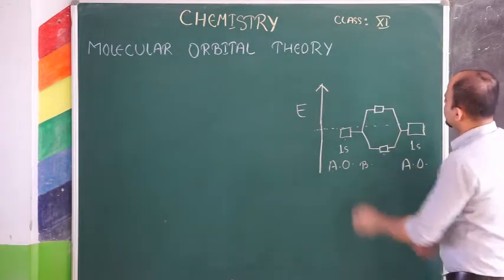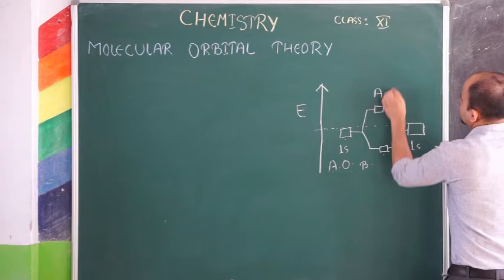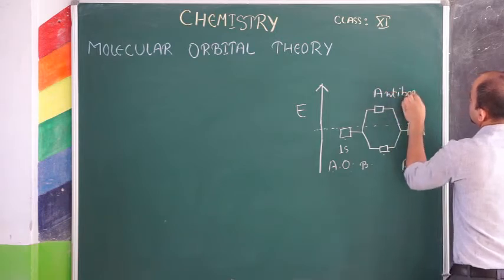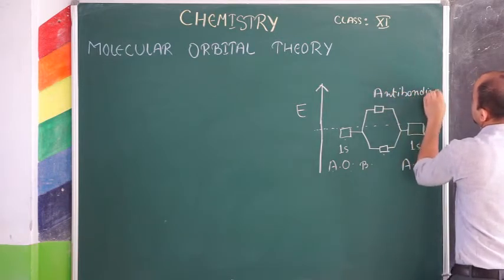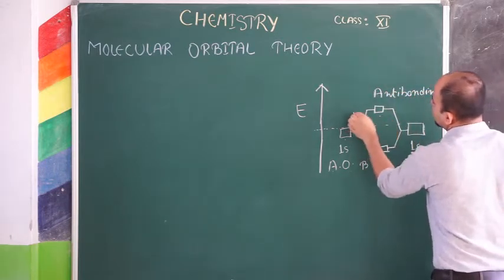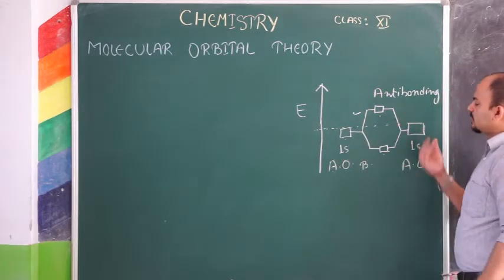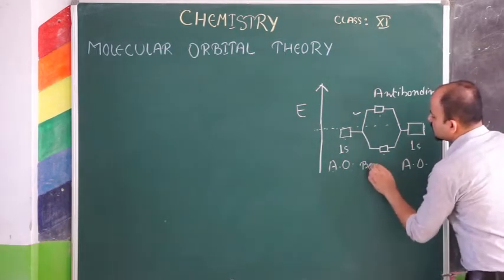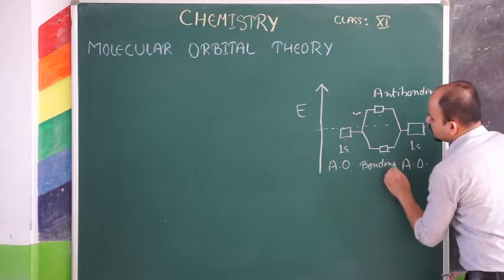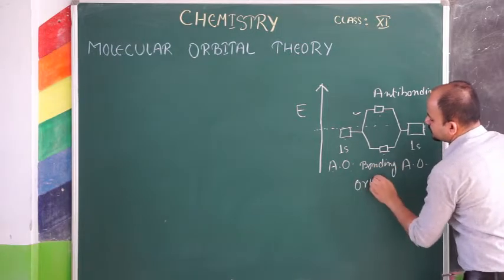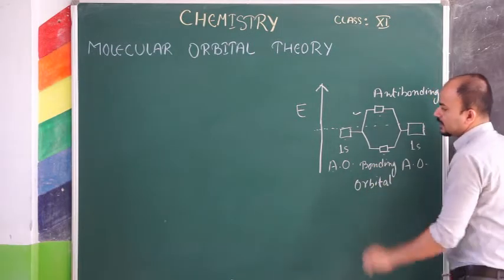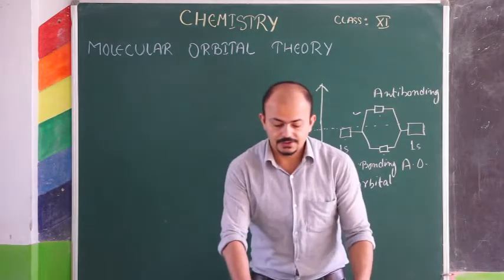And this is the anti-bonding orbital. The anti-bonding molecular orbital will have higher energy. Please remember, the one having lower energy than the atomic orbitals is known as the bonding orbital.